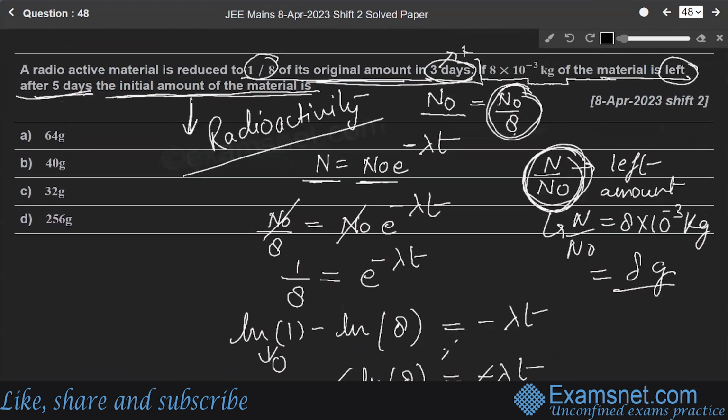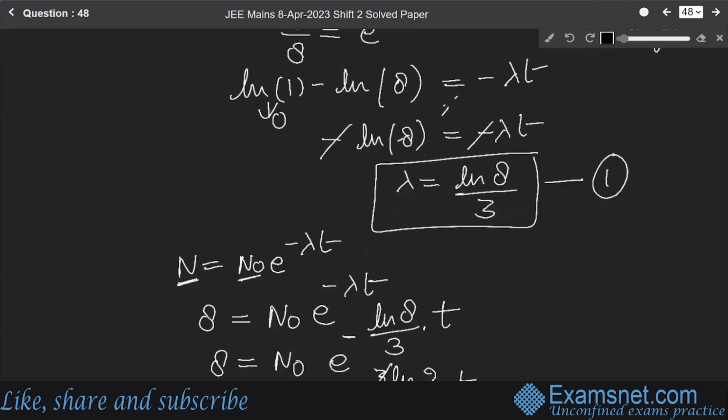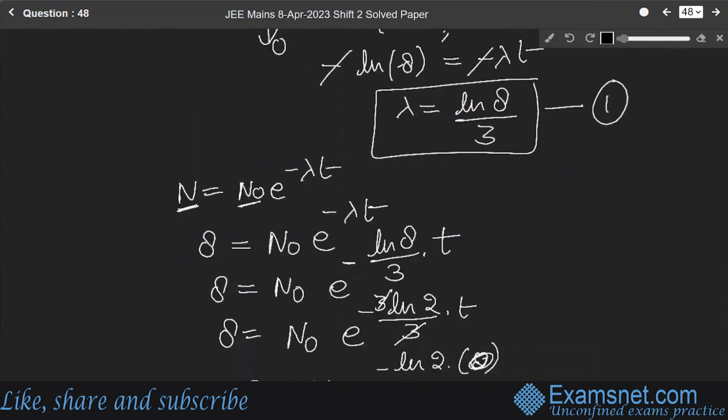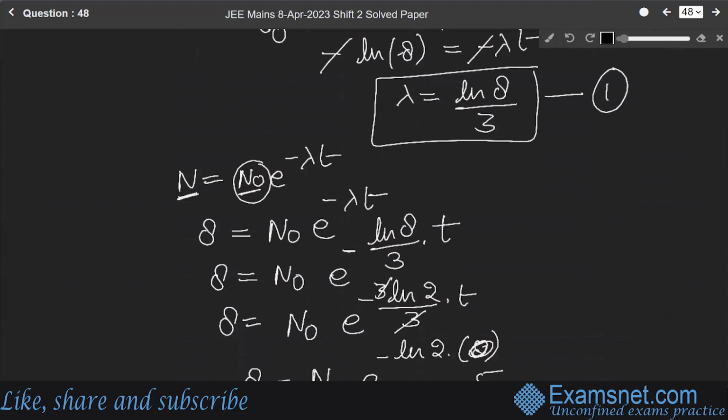Got it? Now the second statement says that if 8 into 10 to the power minus 3 kg of the material is left, the left one is 8 into 10 to the power minus 3 kg, which means 8 gram, after 5 days. We have to find the initial amount. So we write 8 equals n naught e to the power minus lambda t.